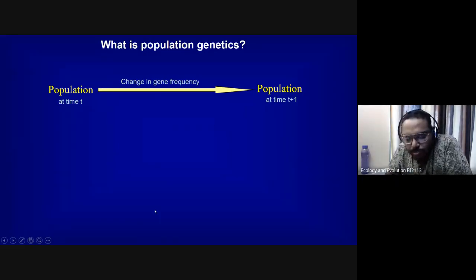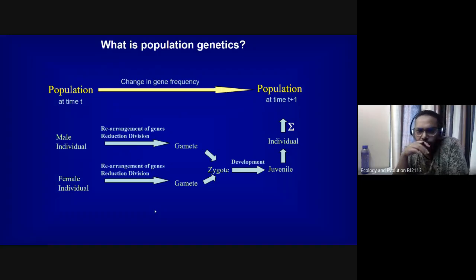Now, the population is composed of individuals, right? So at the level of the individual, underneath the hood, so to speak, what is happening is this. You have the male individual. In the male individual, during the process of meiosis, two things are happening. A, because of recombination, the genes are coming in different combinations with each other, the various loci.